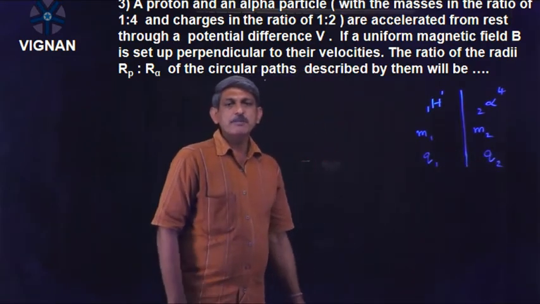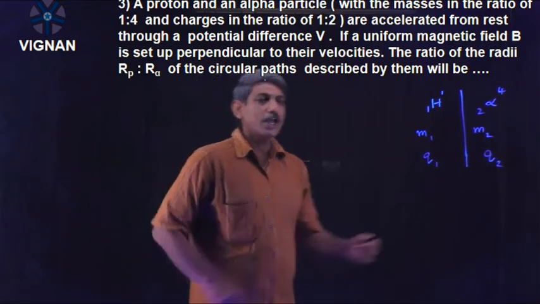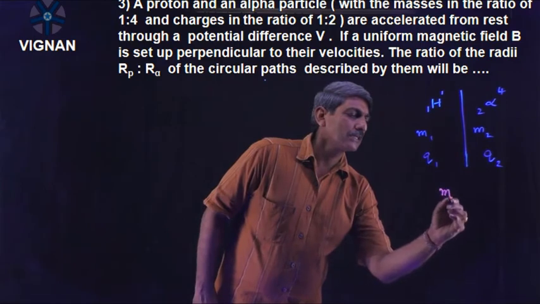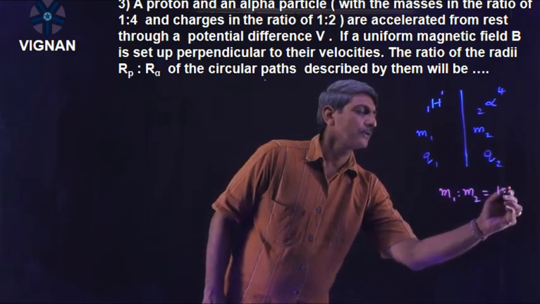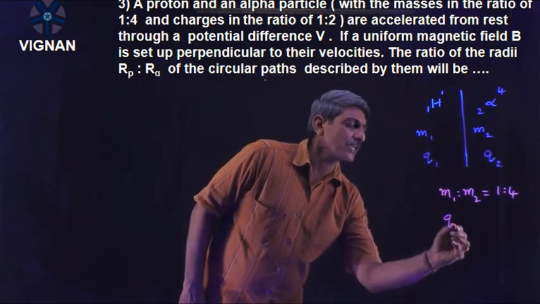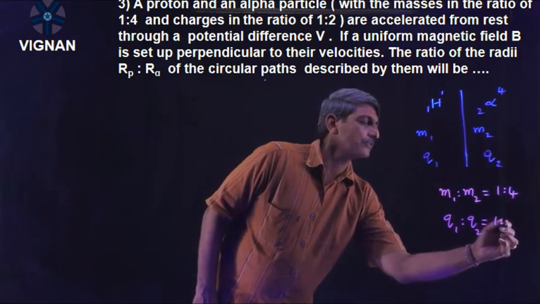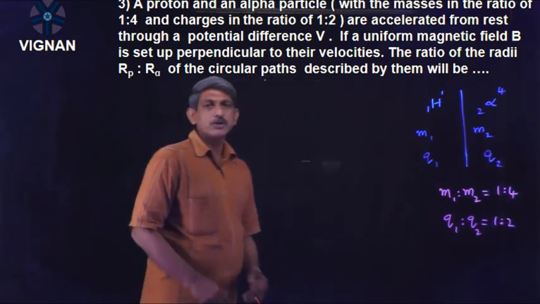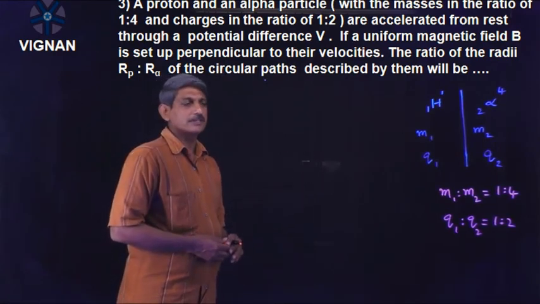Now in this problem it is given that the ratio of the masses m1 is to m2 is equal to 1:4 and the ratio of the charges q1 is to q2 is equal to 1:2. The ratio of the masses is given for us. The ratio of the charges is also given for us.